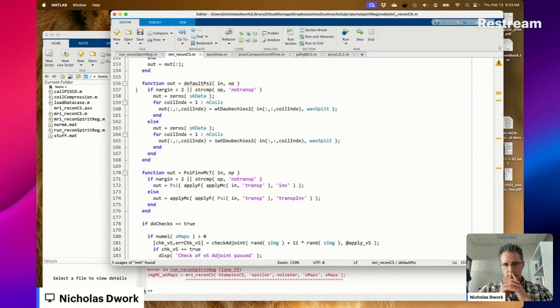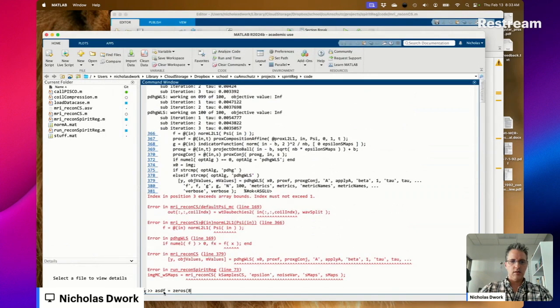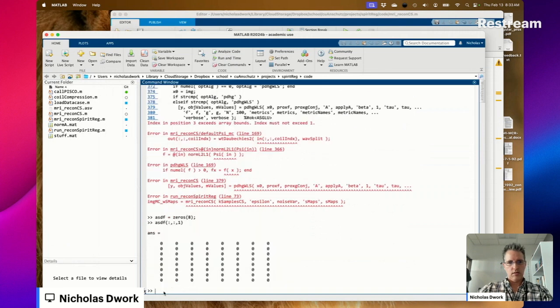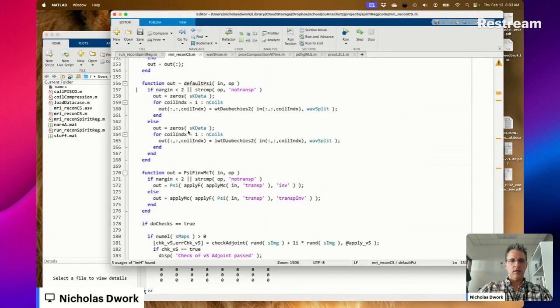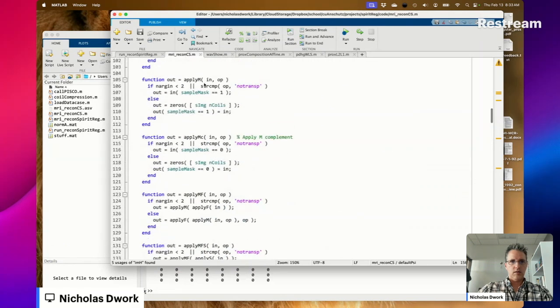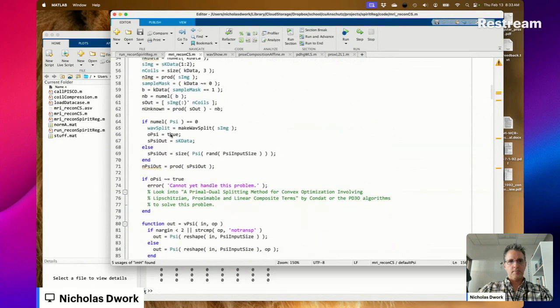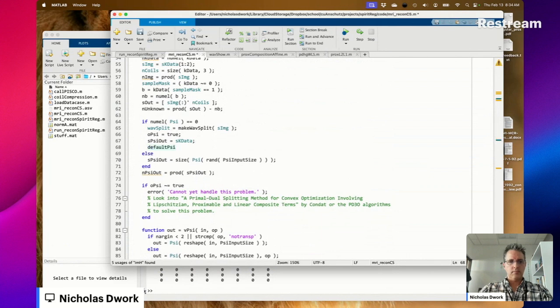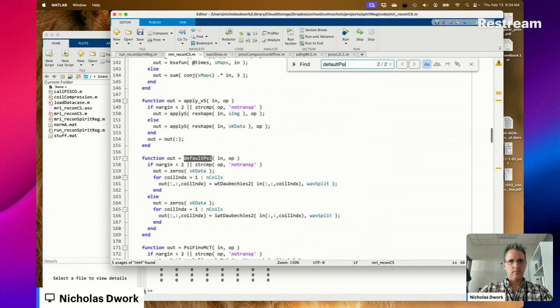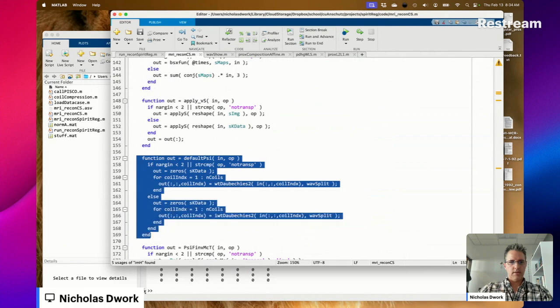Does that work? Why is that way down there?